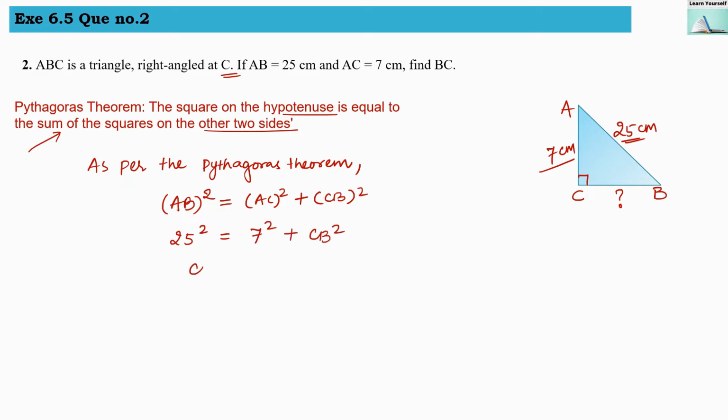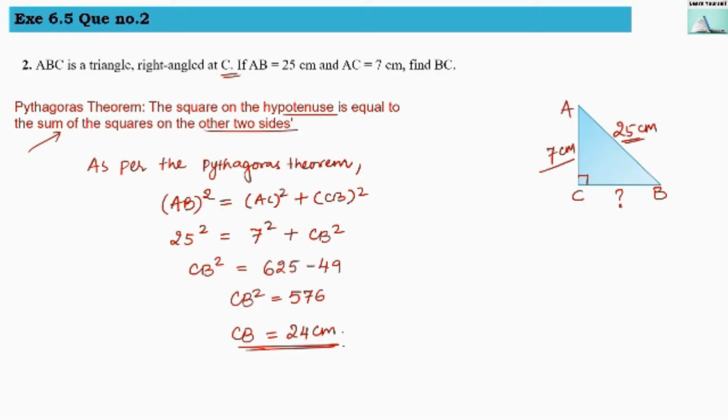Now CB square equals, we will get 625 minus 49. So CB square equals 576. Now when we are taking square root on both sides, we will get CB equals 24 centimeter.